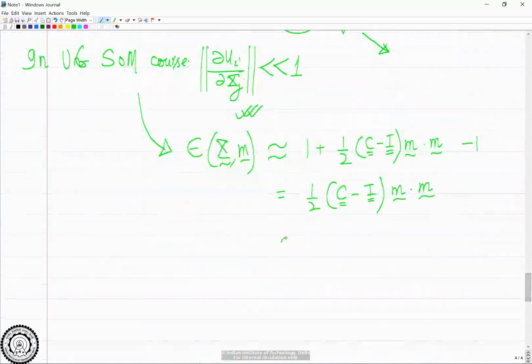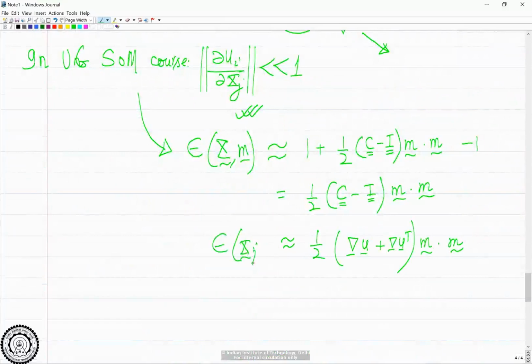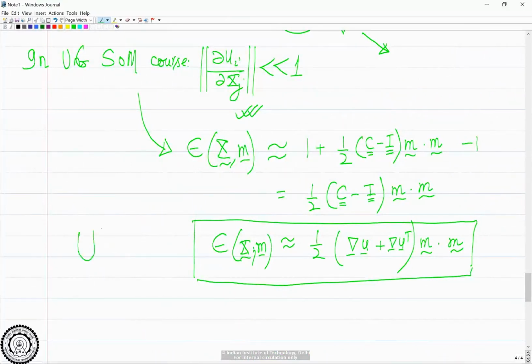In that case, it was further approximated to be half of grad U plus grad U transpose, into M dot M. So this is your UG, second year I guess, epsilon x comma M. So UG SOM is what you did, and it holds only for small displacement gradients.